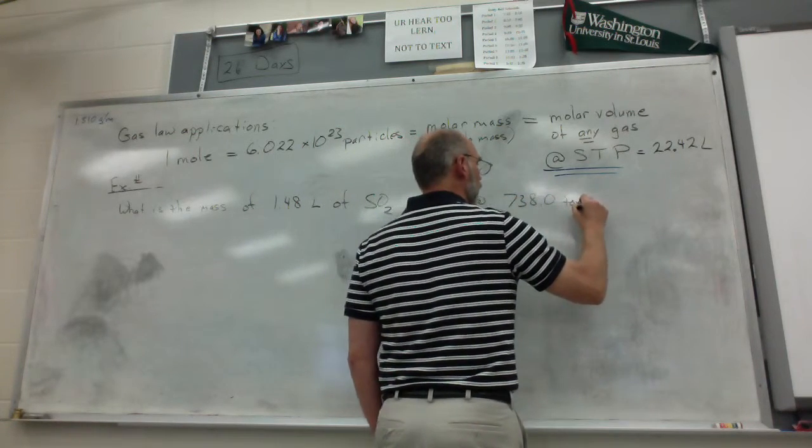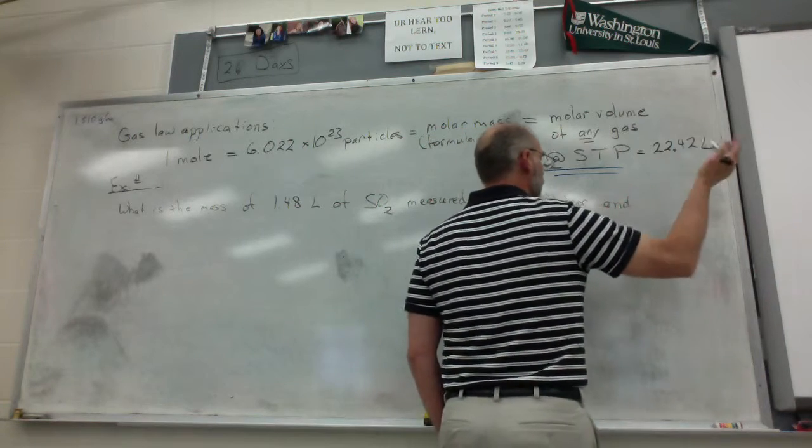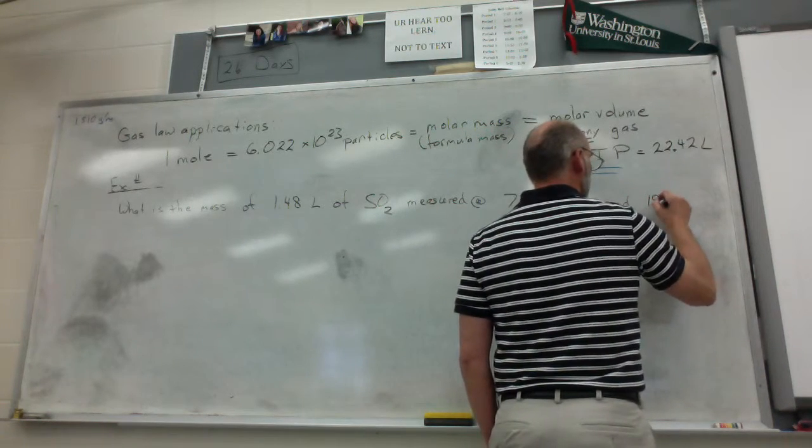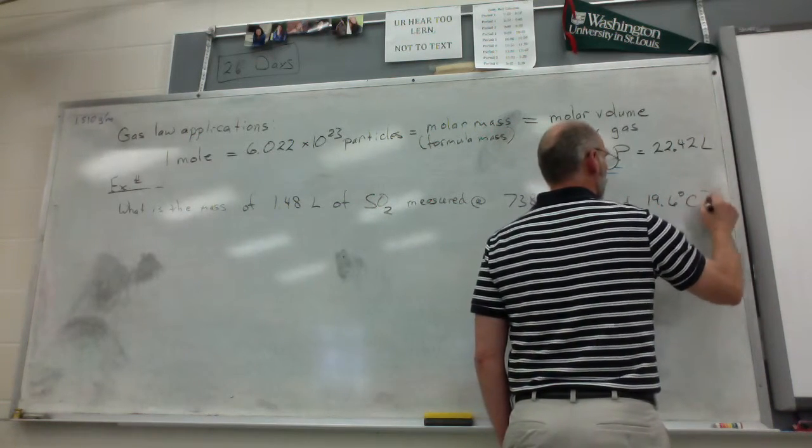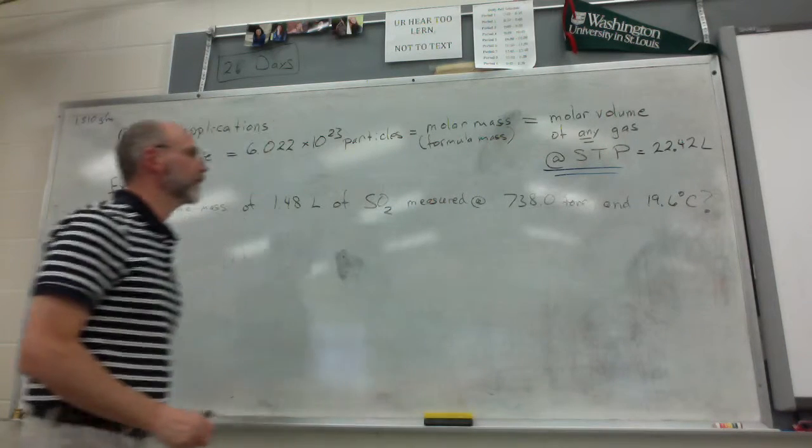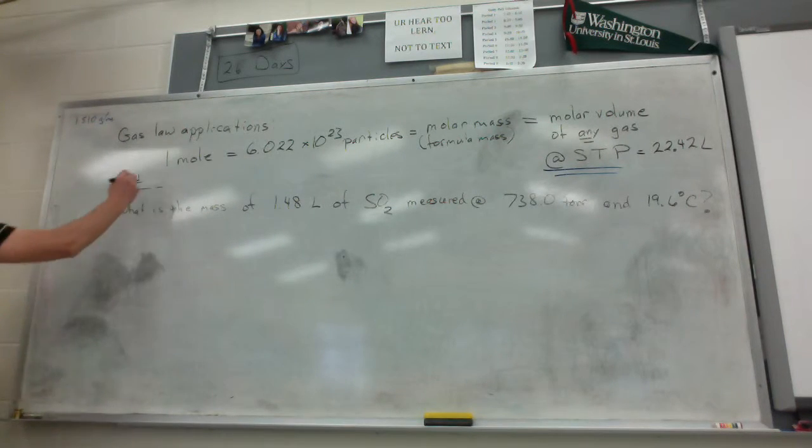This is example number 3. So we have 1.48 liters of sulfur dioxide that was measured at 738.0 torr and 19.6 degrees Celsius. What is its mass?